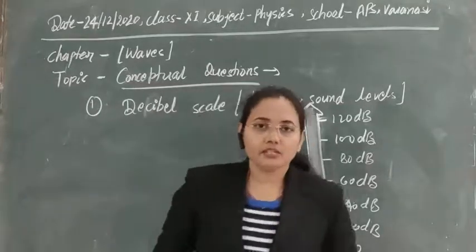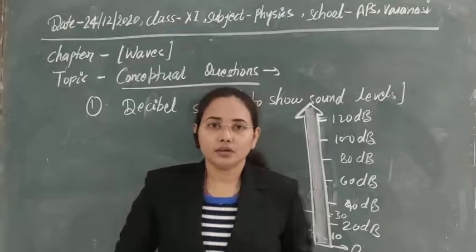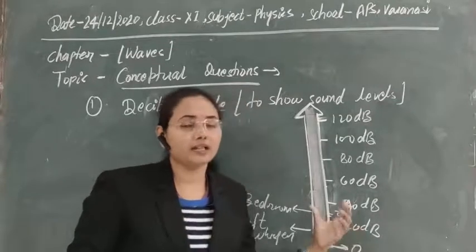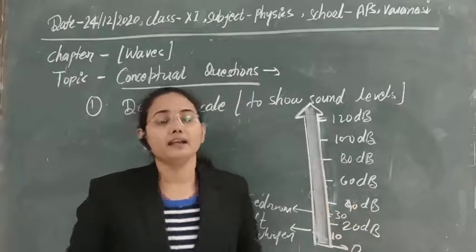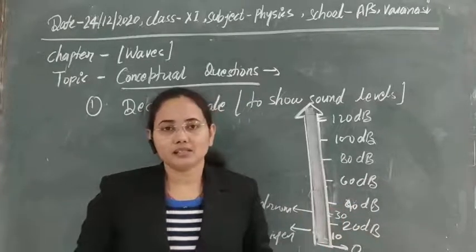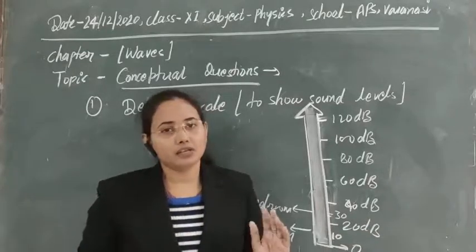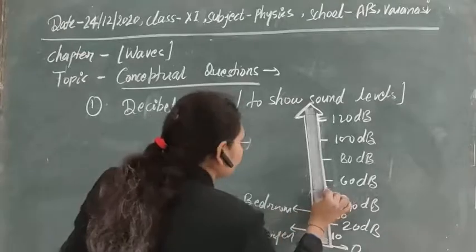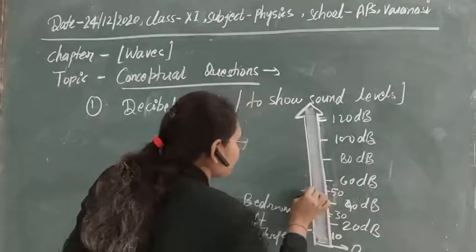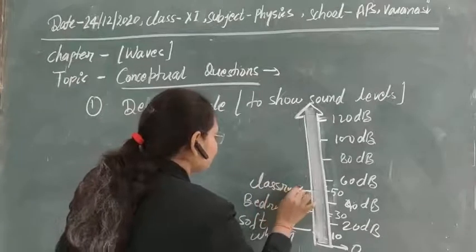Again, if you see the average classroom, the sound level that is produced is nearly 50 decibel. That is moderate sound. It means that we can hear it easily. So that is the moderate sound that we are producing in the classrooms. This is classroom sound.